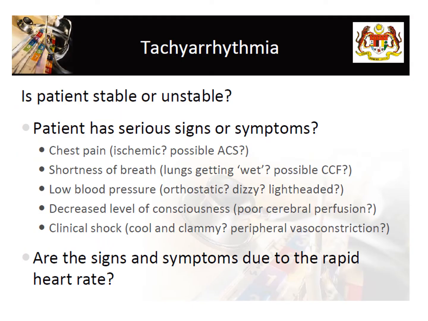Same with the bradycardia, we need to assess the stability of the tachyarrhythmia. Again, the 5 things start from the head, whether there is altered mental status, goes down to the chest, whether any evidence of chest pain, then the lungs, any acute shortness of breath, then go to the arm for hypotension, and the peripheries, whether any evidence of cool and clammy due to shock.